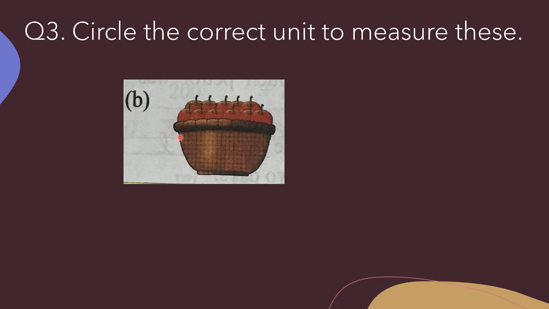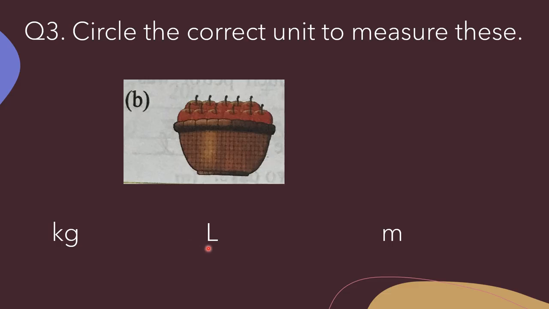B part. Here is a basket. Okay, and there are some apples here. Now we have to find out how we can measure it in kilograms, liters or meters. So beta you can see that we can measure it in kilograms because these apples are solid और जो solid things होती हैं उन्हें हम किलोग्राम में measure करते हैं.